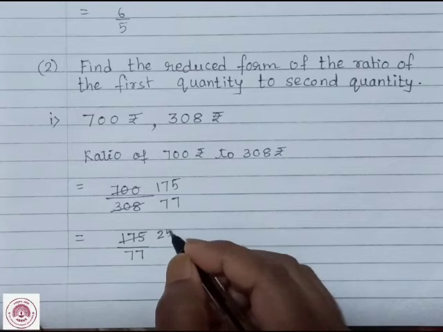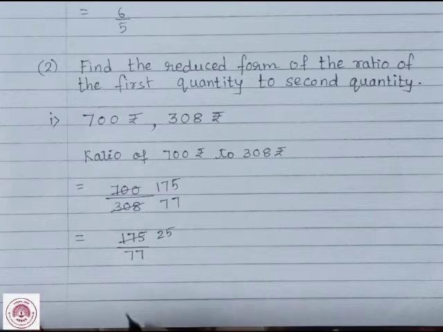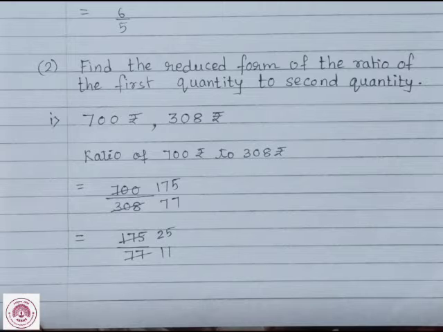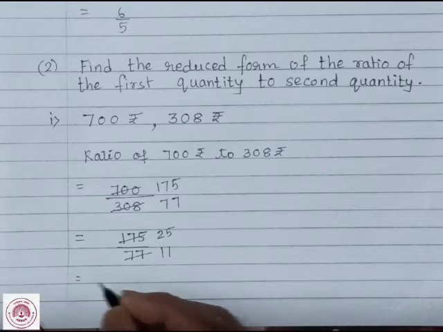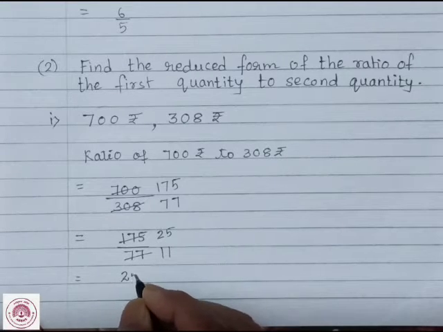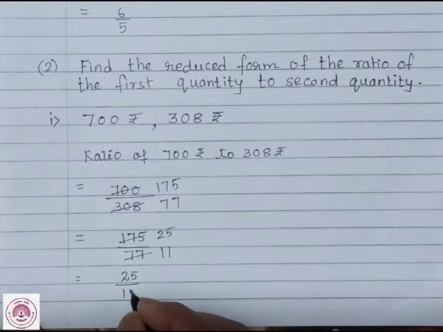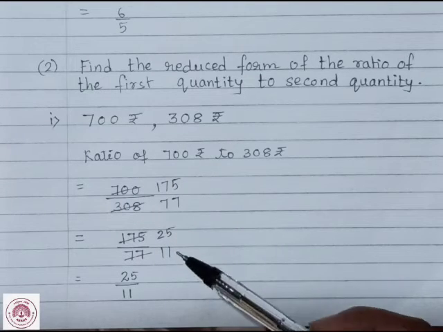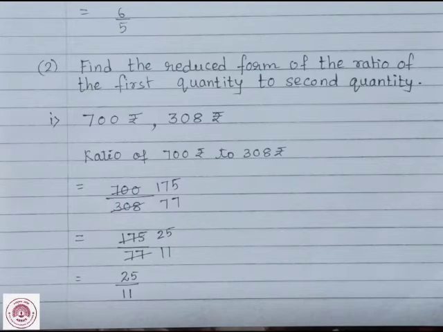Then 7 5 times is 35. Similarly 7 11 times is 77. So this is equal to 25 upon 11. So this is the reduced form of 700 rupees upon 308 rupees.